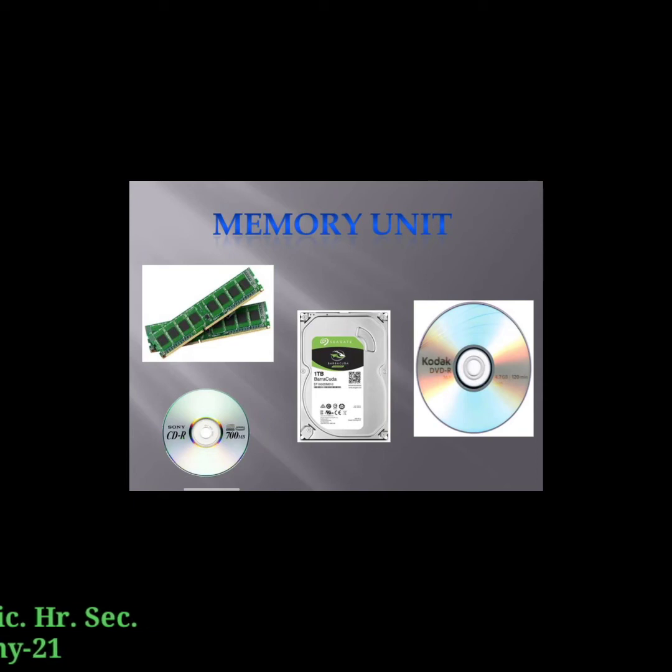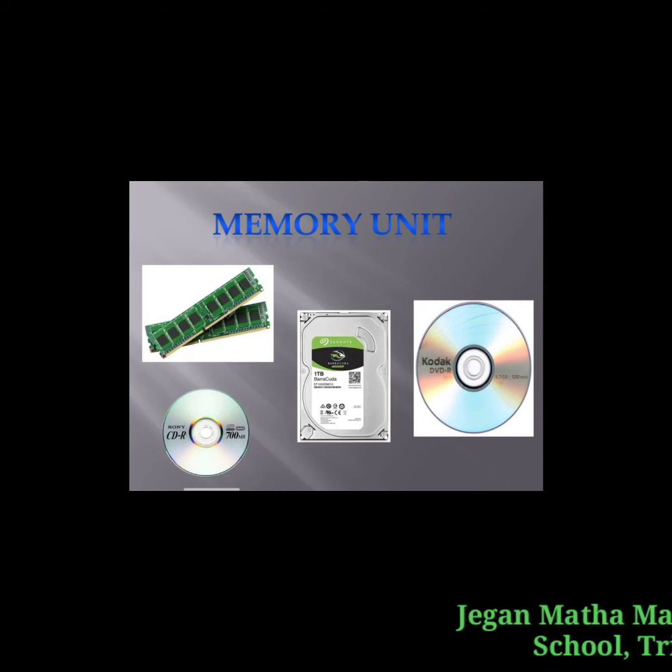The secondary memory is non-volatile memory, which means the content is available even after the power supply is switched off. Examples of secondary memory are hard disk, CD-ROM, DVD-ROM. Here ROM means read-only memory.